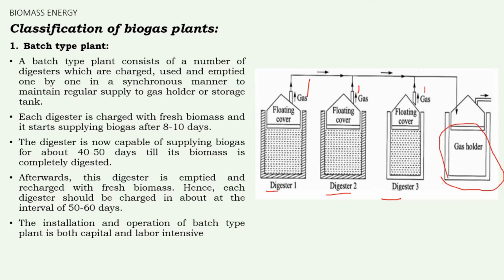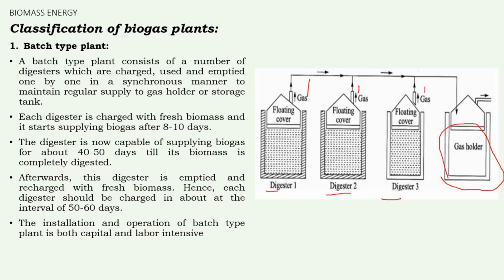This type of arrangement we call batch type of biogas plant. It consists of a number of digesters which are charged, used, and emptied one by one in a synchronous manner to maintain a regular supply to gas holder or storage tank.